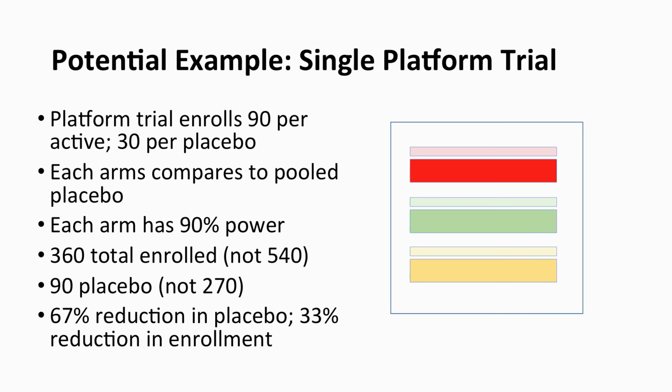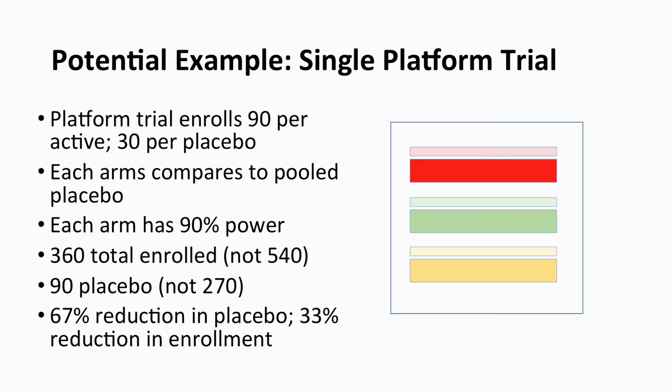They're enrolled in the same trial, so when we make inference for each of the individual active agents, we pool together and combine the placebos so we have 90 placebos. Red is being compared to 90 placebos, green to 90 placebos, and yellow to 90 placebos. But we only enroll 90 globally rather than 270. Each arm has the same 90% power.